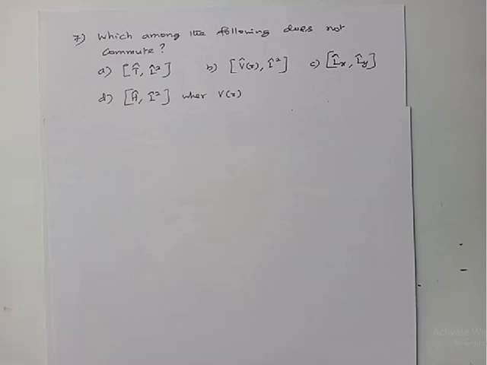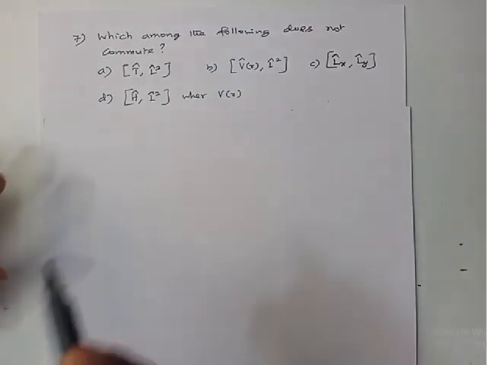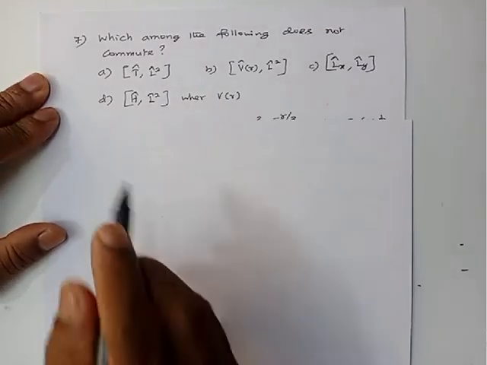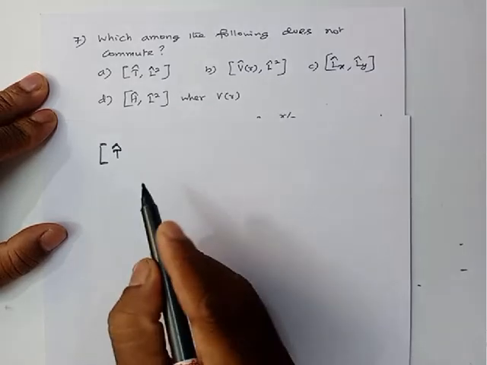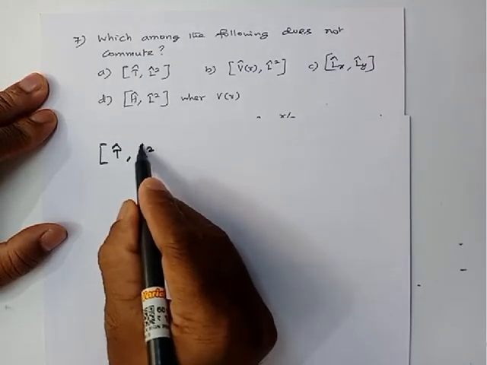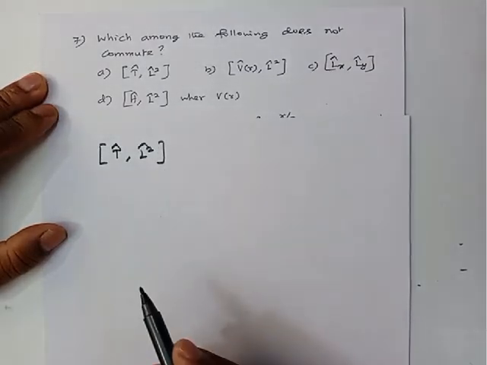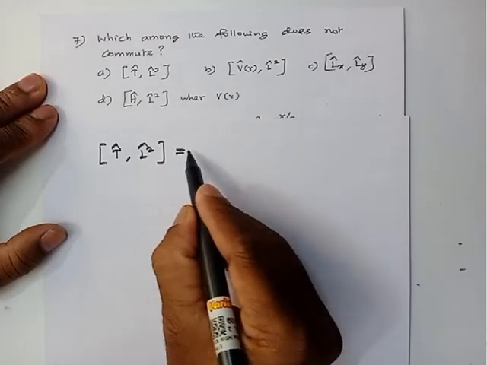How to work out this problem. The question is, which among the following does not commute? This problem we have already discussed anyway. See, if you take the kinetic energy and L square operator, they commute.